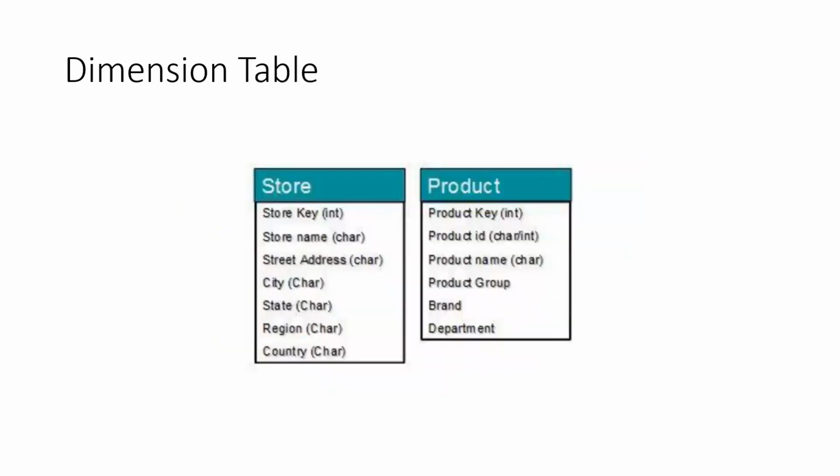Just like the same thing I was telling, you can see in the store or product dimension table, the first one is the primary key, store key. In the product table, there is product key, and the rest of the things are the dimensions. Okay. So in the data modeling, I can quickly show you how we can join between the fact table and multiple dimension tables. Then based on these key columns, we can make SQL joins and fetch data. Okay.